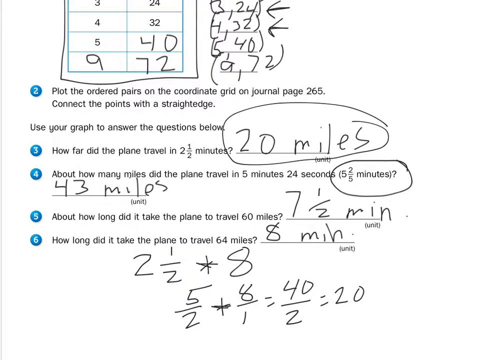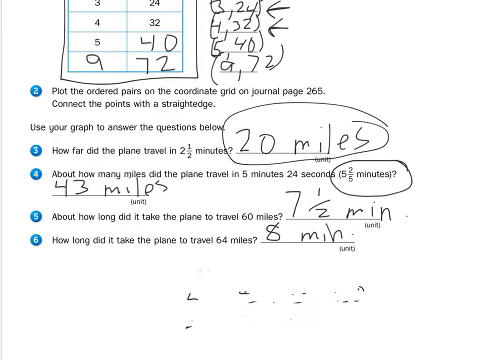How long did it take the plane to travel 60 miles? We would do the same thing, except this time we're going to divide 60 by 8. So for this one, I'm going to do 60 divided by 8. I know that 8 goes into 60 7 times.